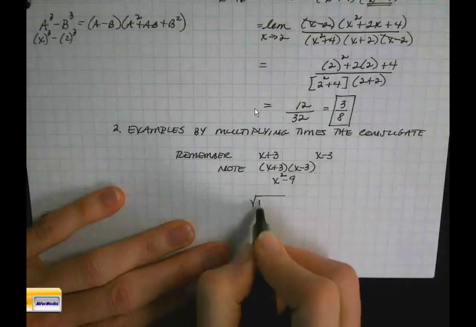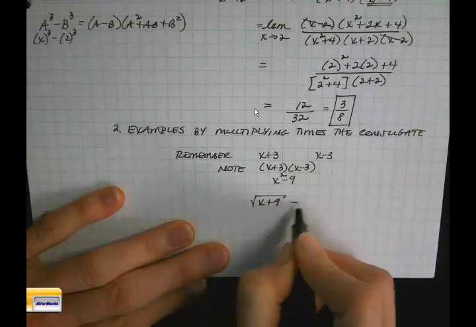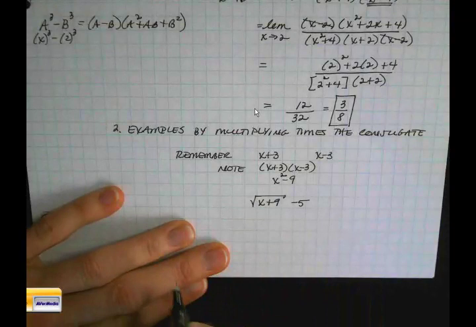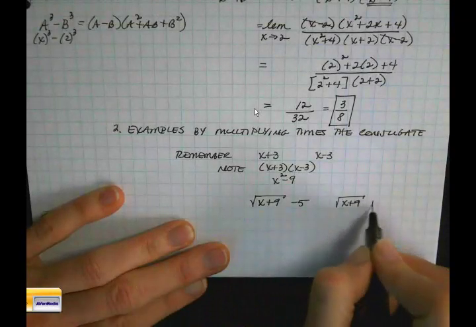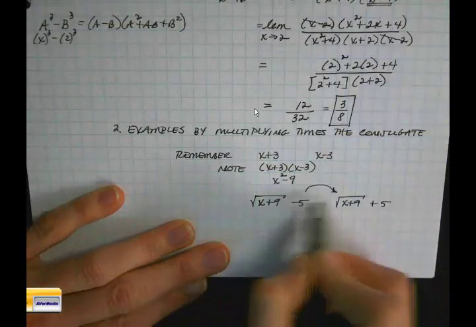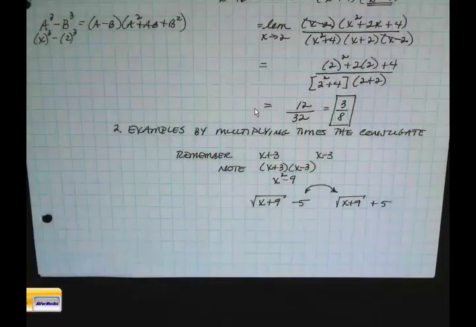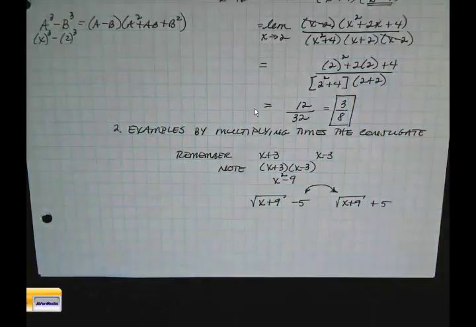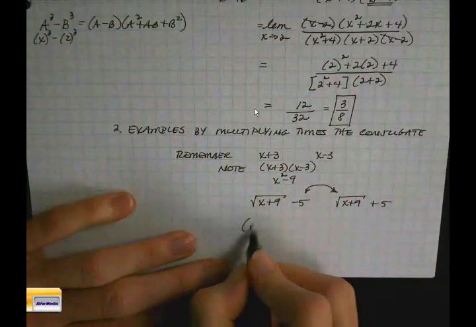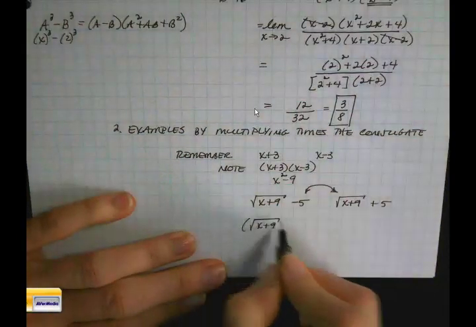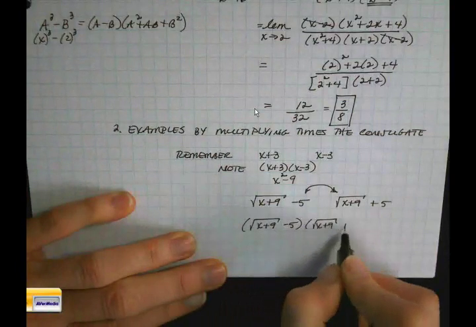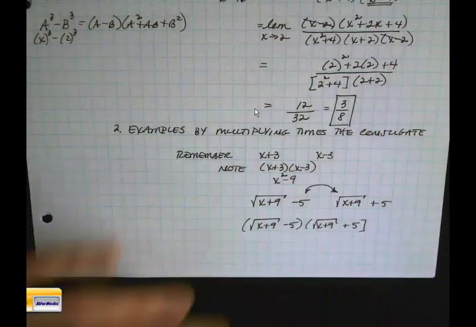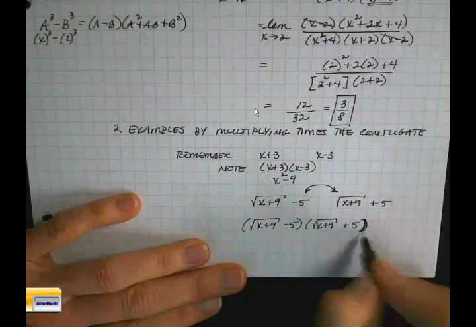Suppose you have something like the square root of x plus 9 minus 5. That's a binomial. Its conjugate is going to be the square root of x plus 9 plus 5. Those are conjugates of each other. So when you end up multiplying them, what do you get?